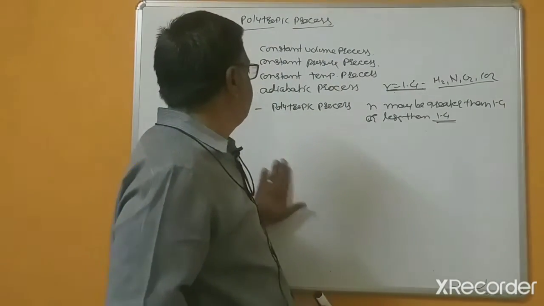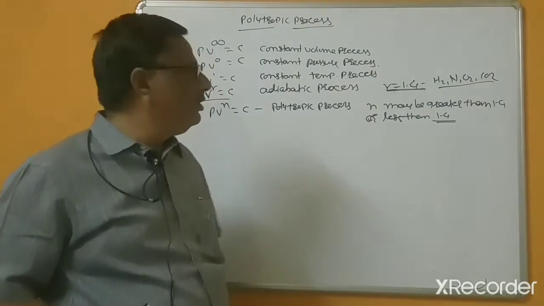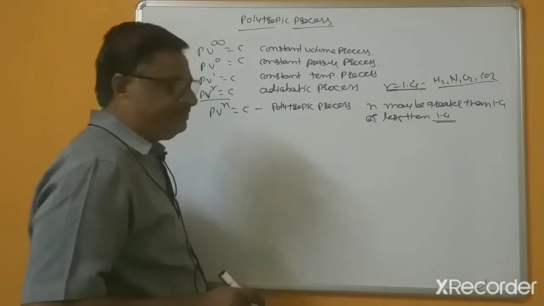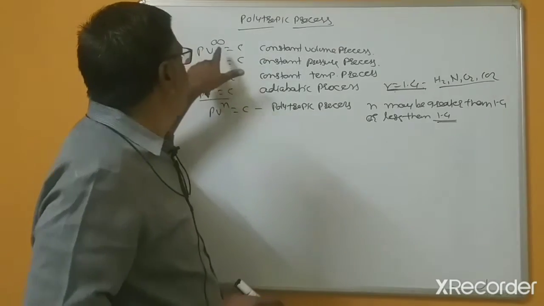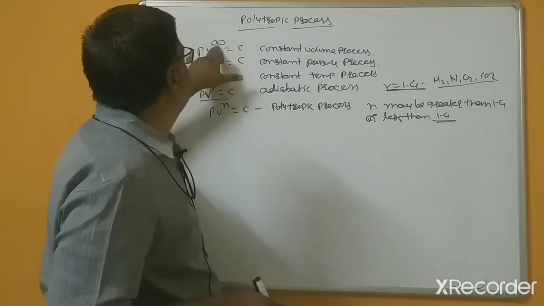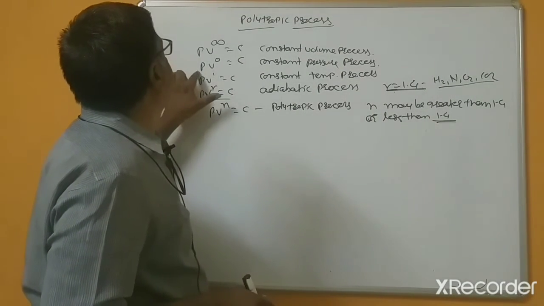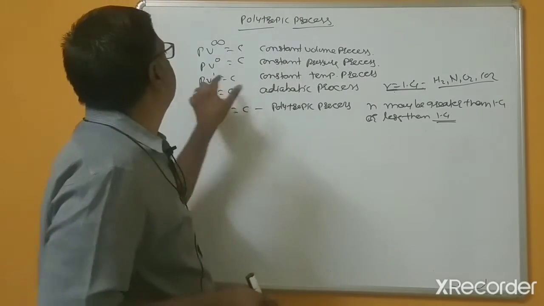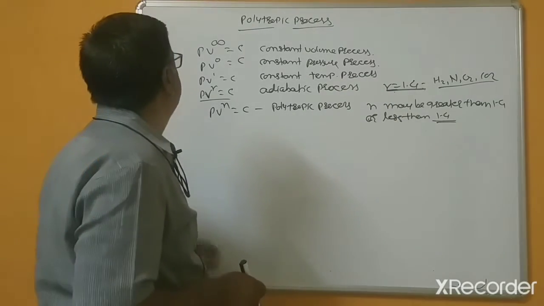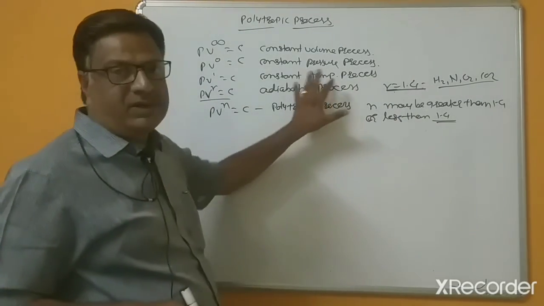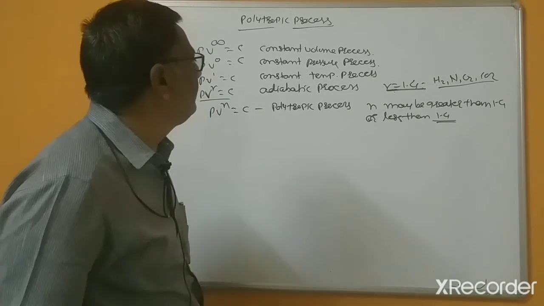The polytropic process is for the remaining ones, the mixtures, so the value may be greater or less than 1.4. So this is the basic PV raised to, as you studied maybe in 12th science, infinity is the constant volume process, PV raised to 0 is the constant pressure process, PV raised to 1 is the constant temperature or isothermal process, PV raised to gamma is the reversible adiabatic process, and PV raised to n is the polytropic process.